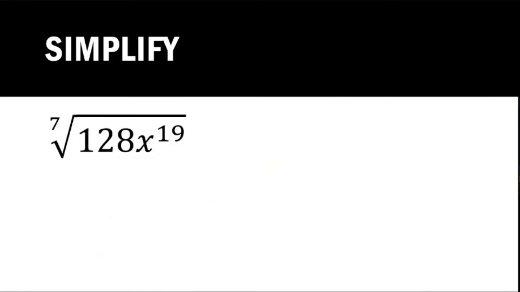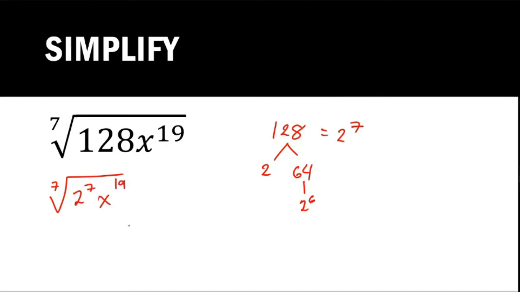Now let's have the 7th root of 128x raised to 19. Okay, so we can rewrite 128 as a product of factors of 2, that will be 2 raised to 7. Now let's have the 7th root of 2 raised to 7, x raised to 19. So again, it will be divided out. 7 divided by 7 is equal to 1, so 2 raised to 1.